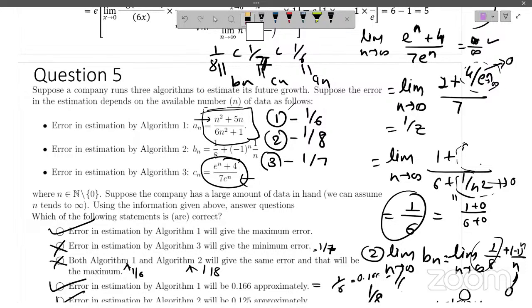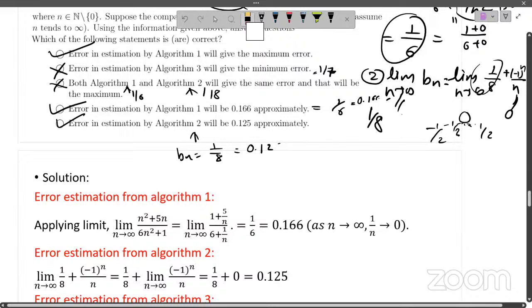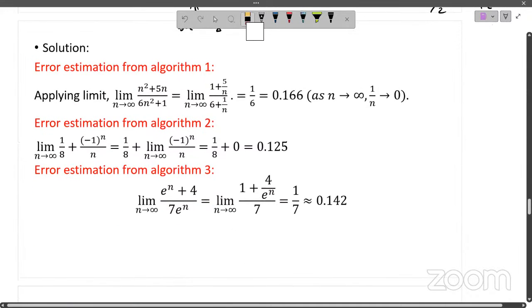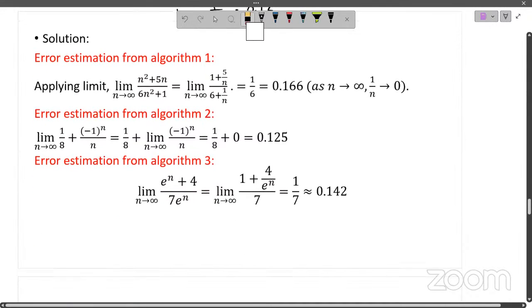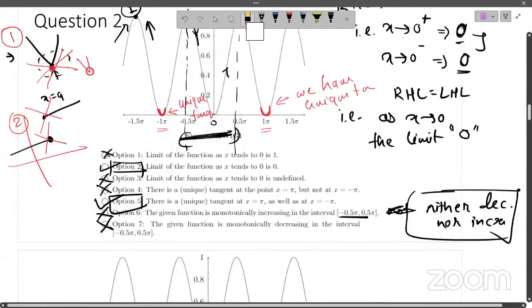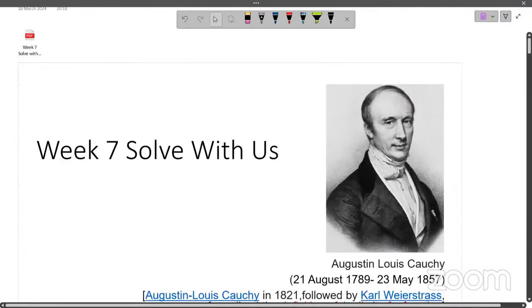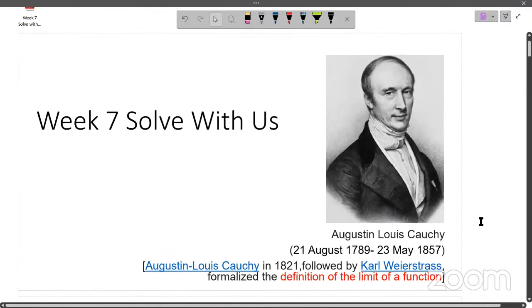Okay. So any doubt in this question so far? No. So this is the precise answer. So we have done all those questions. Any doubt on the concept of limit or something else, because we have time now?